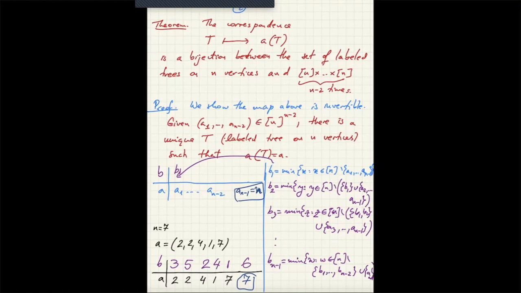Okay. And so this gives us, if you were to build a tree, you have the vertex 2, you have adjacent to 3, adjacent to 5, it's adjacent to 4, which is adjacent to 1, adjacent to 7, and adjacent to 6.